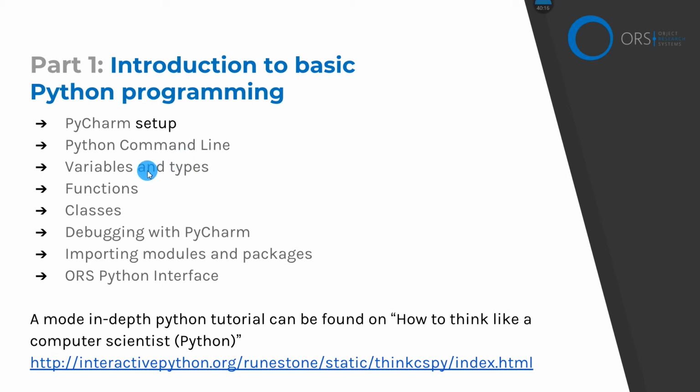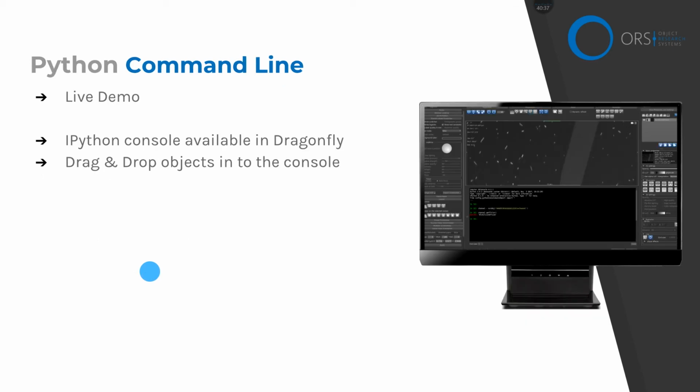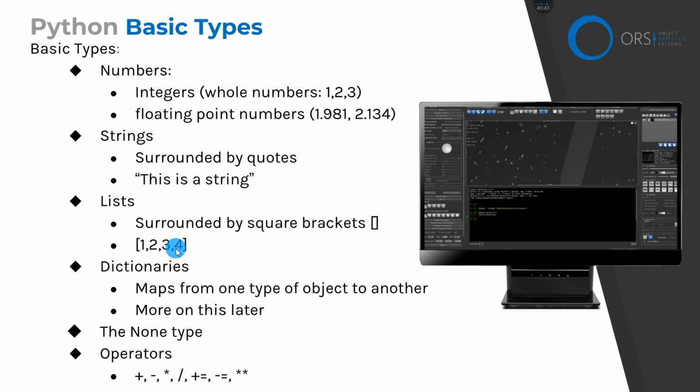There's one more step to do, but I'll come back to this in a few moments. And then I want to introduce to you the Python command line, how to store and what are the variables in Python and the basic types. What is a function? What is a class? And how to debug with PyCharm, importing modules, and an introduction to the Python interface. So this is my plan for this morning.